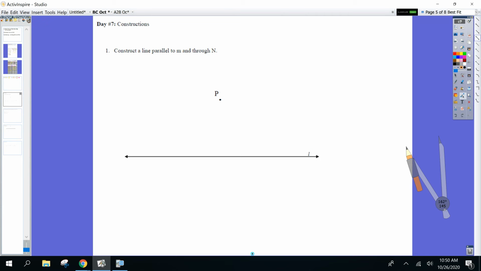First thing you need to do is line up your straight edge with P and line L and draw a transversal through P and L. There's your first step. At any angle, it doesn't matter the angle you draw the transversal at.